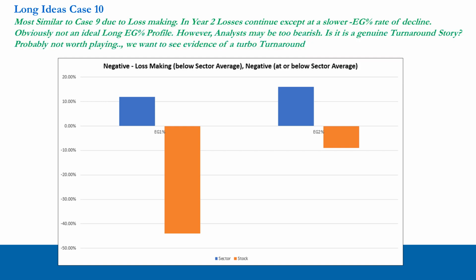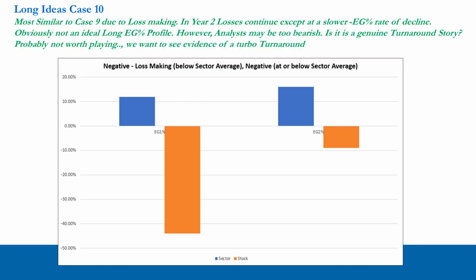So when we're processing in the quant phase and we're identifying earnings growth profiles and categorizing stocks with their earnings growth profile, our cases 7, 8, 9, and 10 from a genuine long idea lens perspective, cases number 7 and case number 10 are probably not going to work for us.